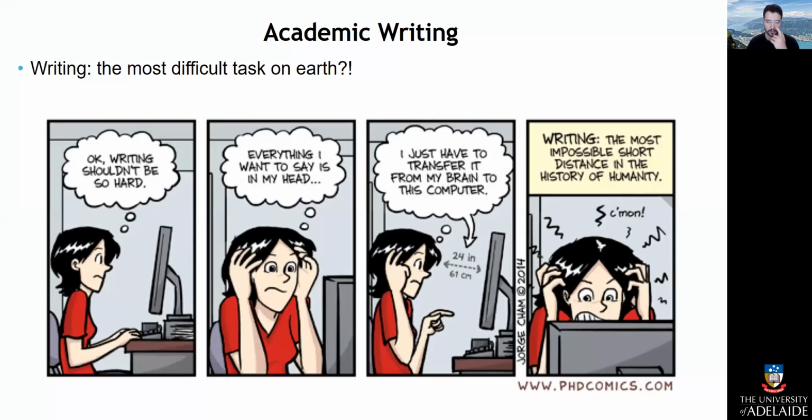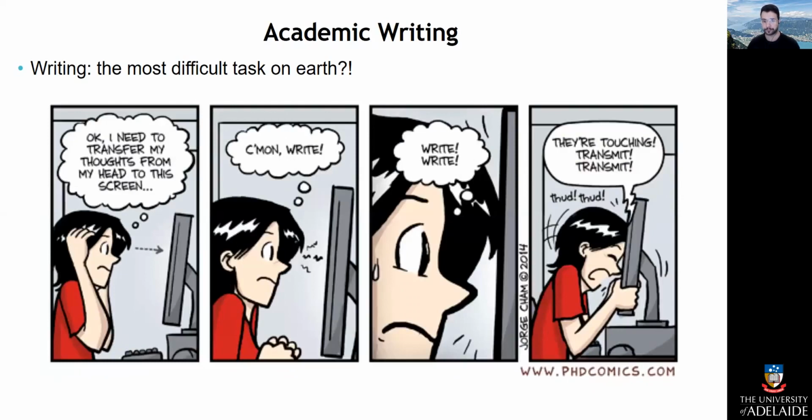You might think initially that you have everything in your mind. You know, for example, that you have run a lot of experiments, you have implemented your model, your method, and you have got some good results. You're like, okay, I have done everything in this project, I know everything in my mind, so it should be easy. But then when you start, you feel like you cannot transfer your thoughts easily to the computer, and you try to say it to yourself right, and nothing comes out.